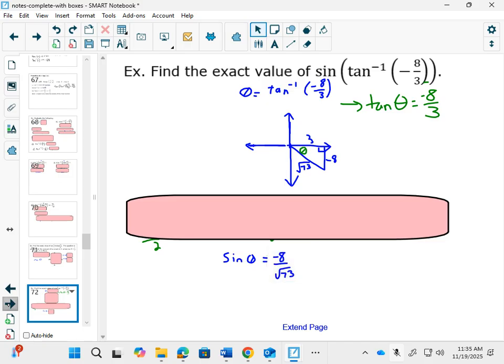Negative 8 over root 73. So we use the shortcut to make sure that we draw the triangle in the right spot. And with inverses, our domain gets restricted.